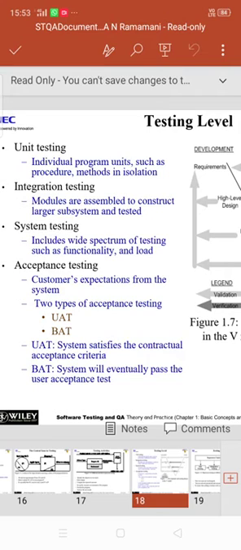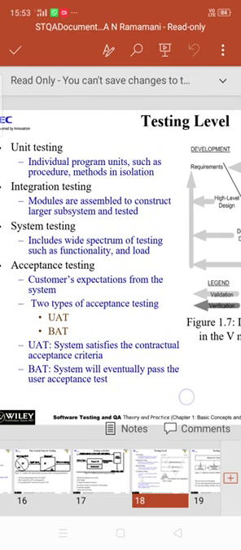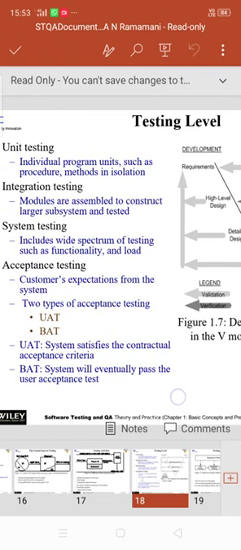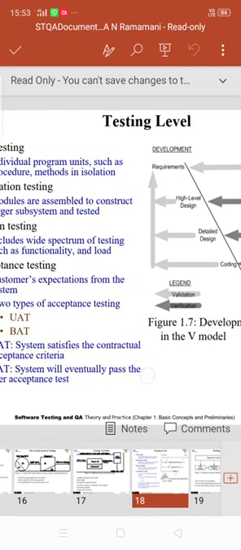There are 2 types of acceptance testing, UAT and BAT. UAT: the system satisfies the contractual acceptance criteria, so the user acceptance criteria. The system will eventually pass the user acceptance test.